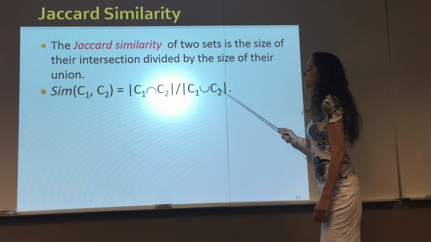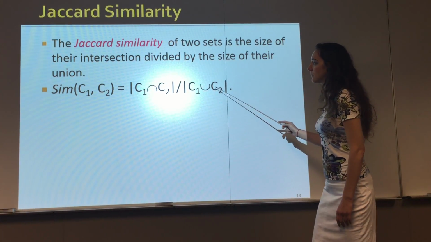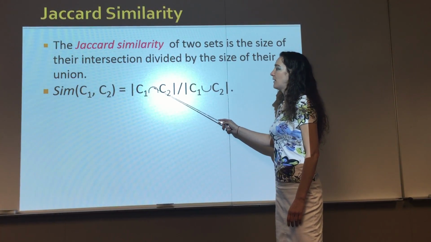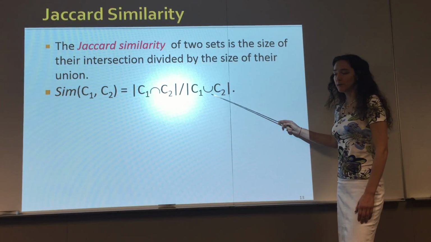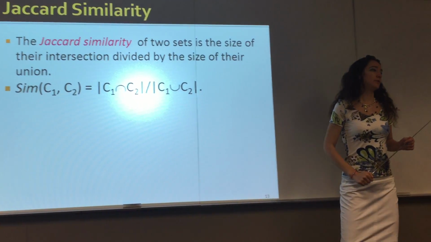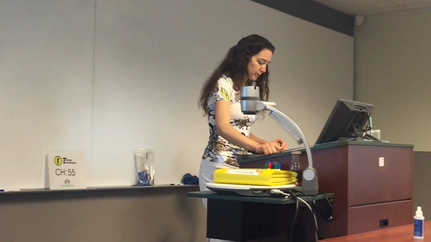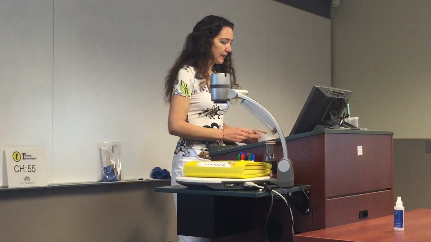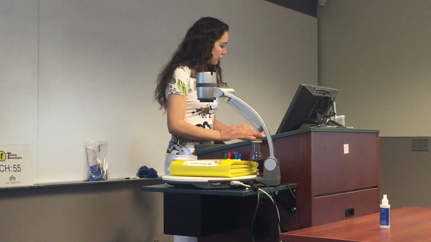And the union is pretty much the combination of the items in both sets together. So when we divide the number of items that appear in both of them by the number of items that appear in either one or the other, that will give us the Jaccard similarity between those two sets. So it really only examines whether they match or they don't match.